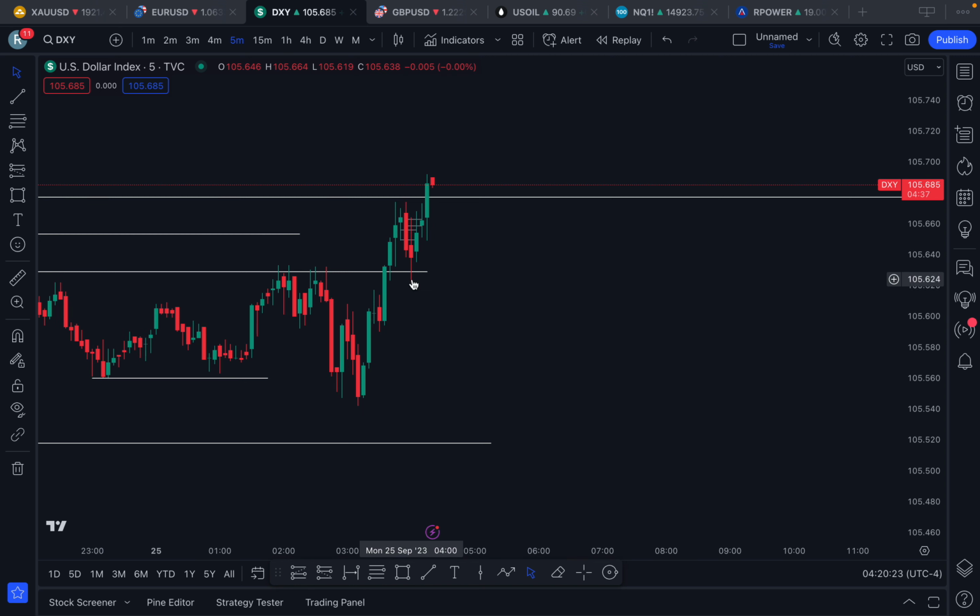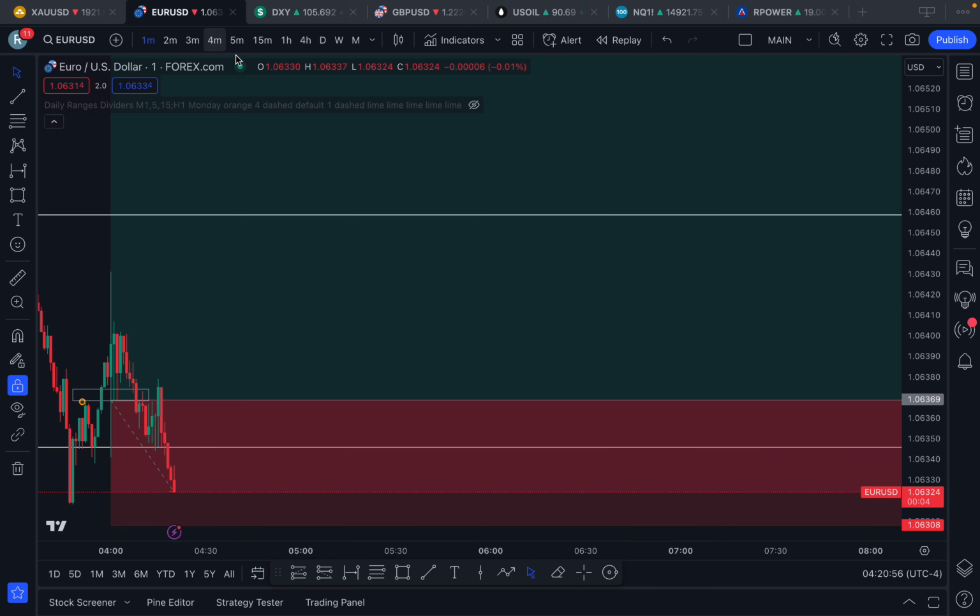Even on the 5 minutes time frame, that's the short term low. Maybe I am stopped out.